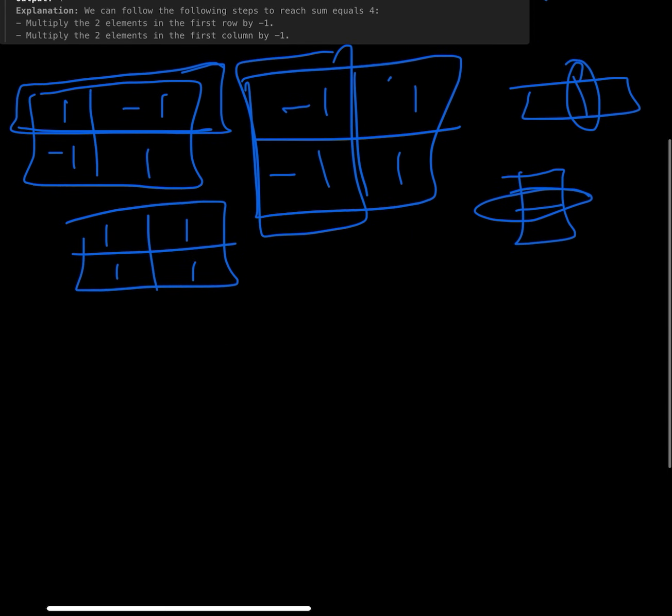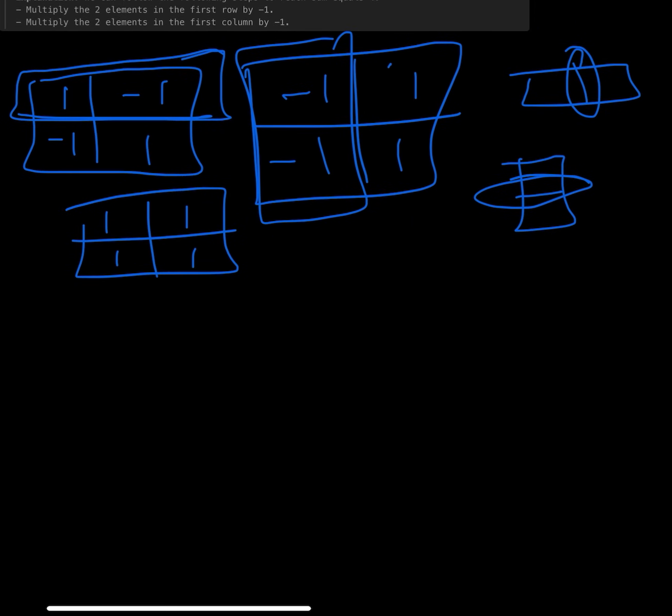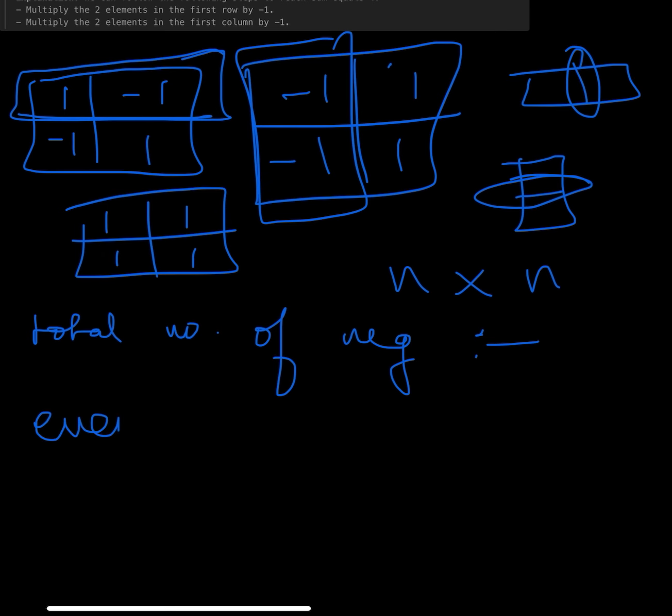So in this scenario, if you have any n cross n matrix and the total number of negatives in any case is even, in the end they will all cancel out. Like here there were two negative elements, so they have cancelled out. So we can just return the sum of all the elements in the matrix.